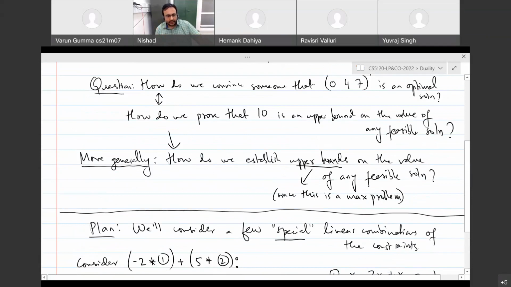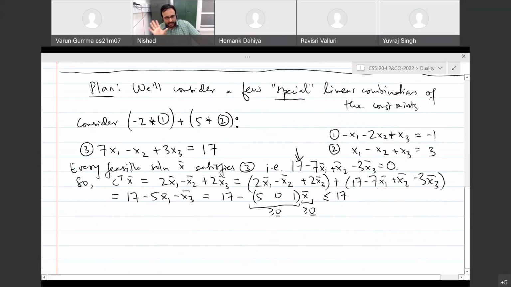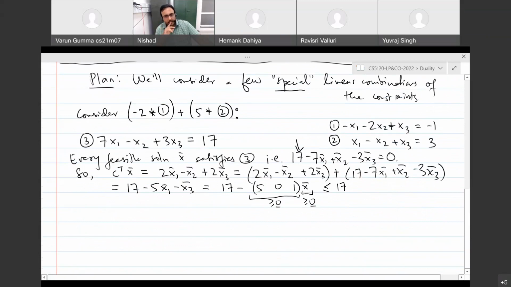I deliberately chose a vector which does not immediately give you the upper bound of 10. So maybe if we choose a better vector, then we might get 10 instead of 17. Again, we will have to discuss what are the special properties of these vectors, but we'll come to that later. Okay. So now I want to consider a second vector.